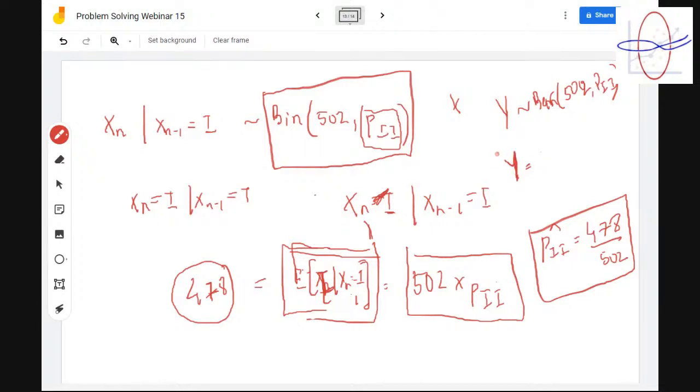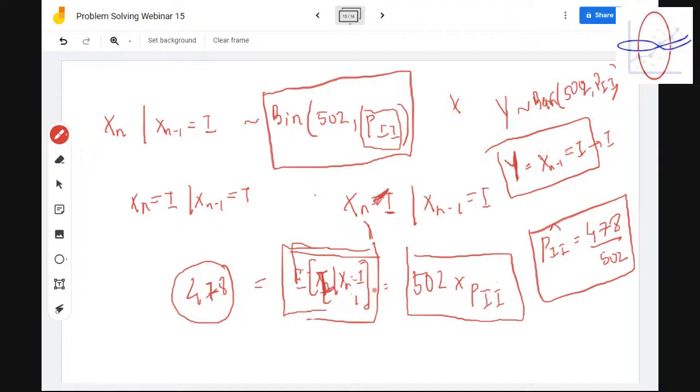We know the Y value, that is the number of successes. So we define a success if it is coming from infected, like if X_{n-1} is going to I. We are defining it like that.